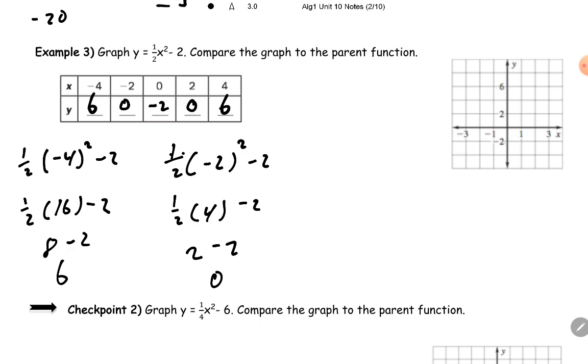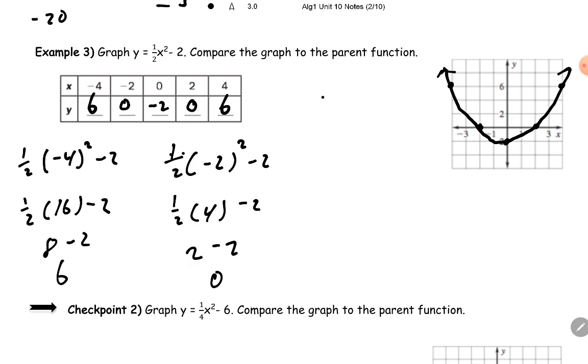So I'm going down here, make a dot, and then we're going to go to 0 for 2, and 4 for 6. So look, this graph is a bit wider.